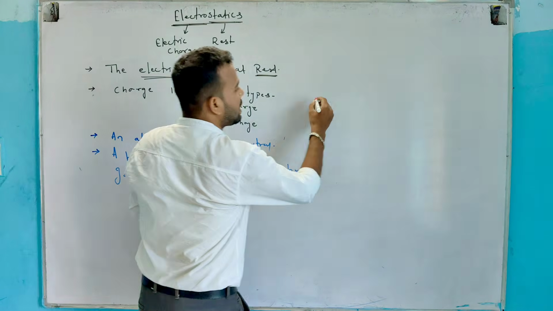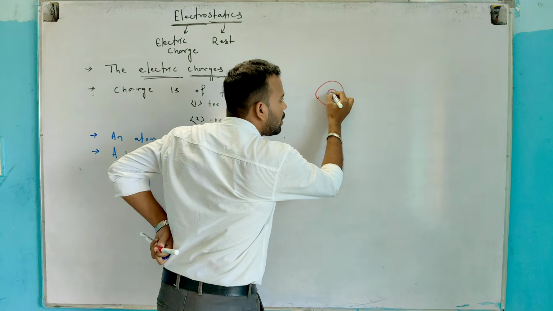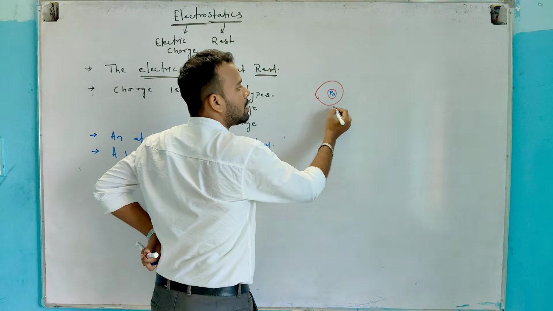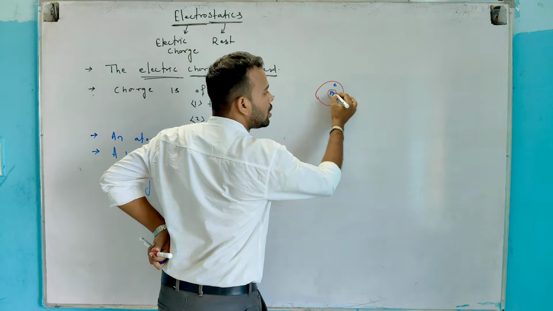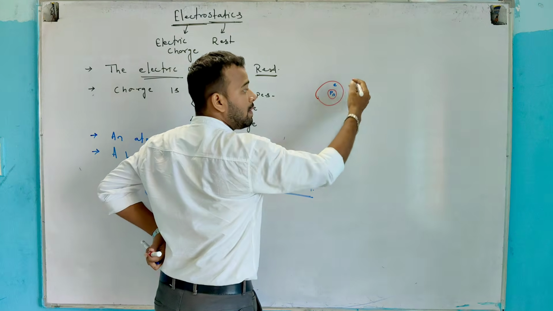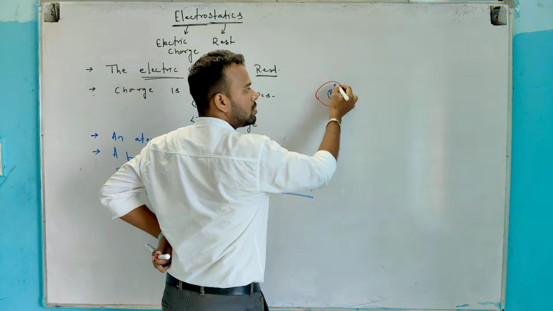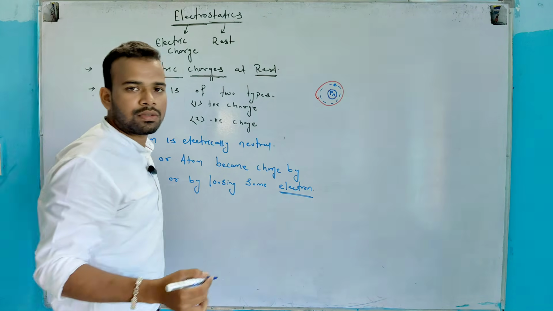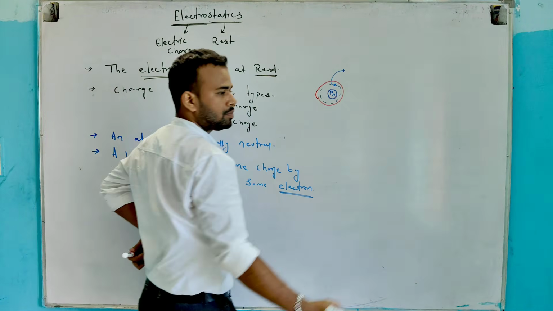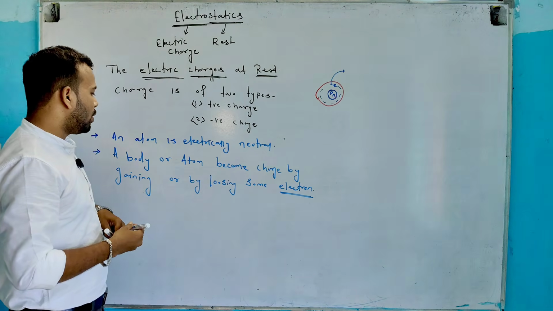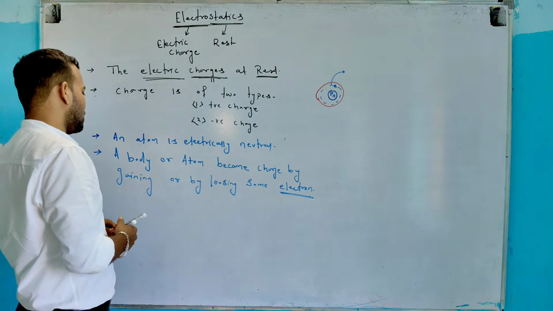Because if this is an atom, here is the nucleus, and the protons are present inside the nucleus and the electrons are present outside the nucleus. So it is very difficult for us to remove a proton because the proton is bound inside the nucleus. But the electron is not bound inside the nucleus. The electron just revolves around the nucleus. That's why it is very easy for us to remove an electron from this atom. Clear?